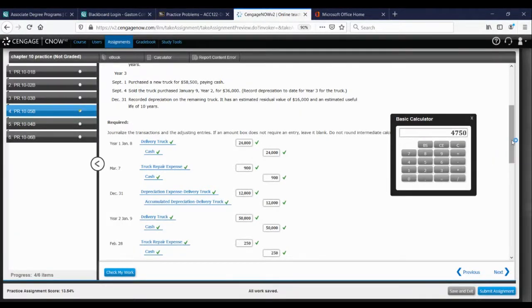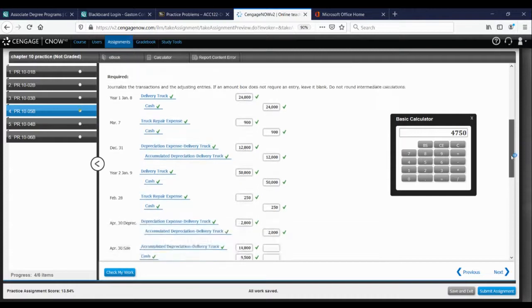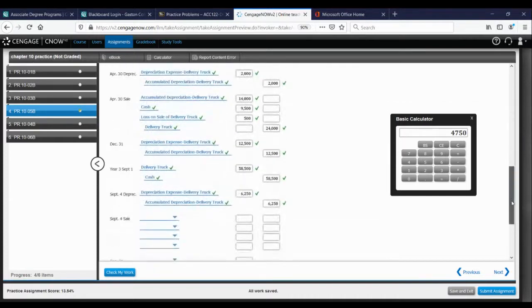It leaves us with a gain of $4,750. So we need to know that before we create our journal entry, because gains are increased on the credit side. We know we have a credit to a gain of $4,750.